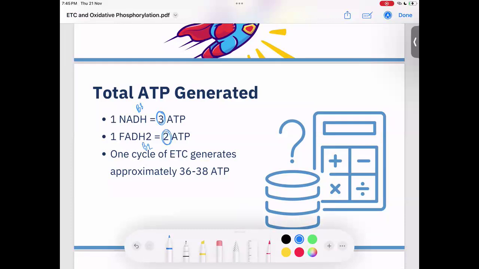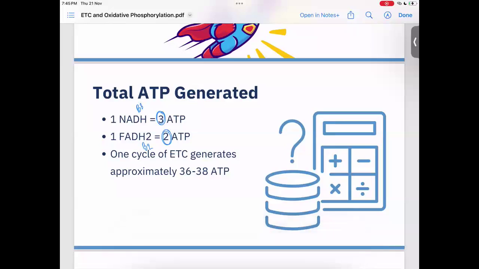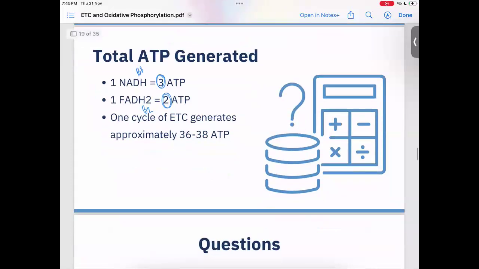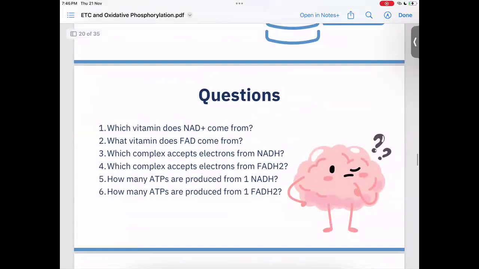FADH2 comes from B2, so it produces 2 ATP. So NADH comes from niacin, vitamin B3, and produces 3 ATP, and FADH2 comes from B2 and produces 2 ATP. One cycle of the transport chain, which we just explained now, creates a proton gradient.